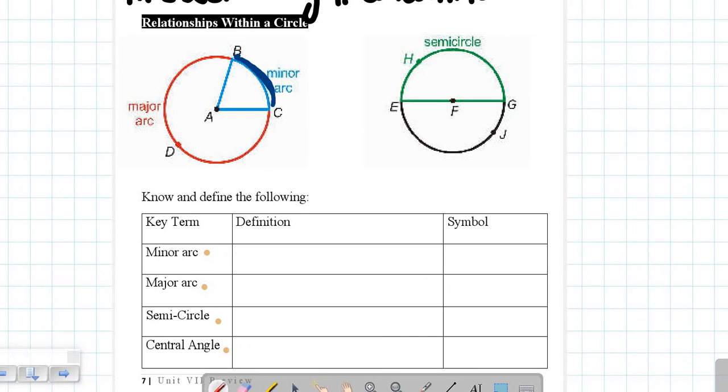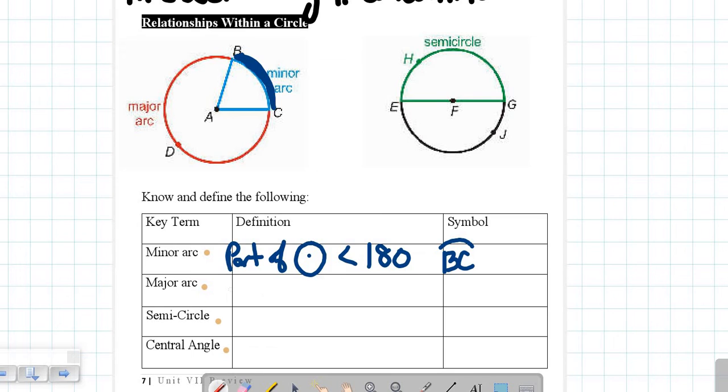So I'm just going to write a part of the actual circle, and it's going to be less than 180 degrees. So we would write this BC. If we do 2 letters, that implies the distance, this piece right here, which is less than 180.